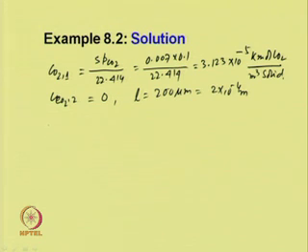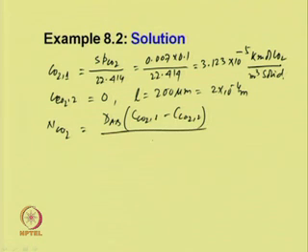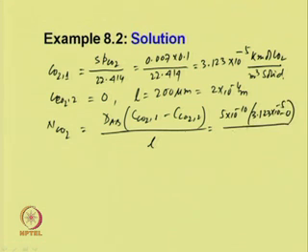So, we can calculate flux of CO2 will be DAB times C CO2 at 1 minus C CO2 at 2 divided by L, which is equal to 5 into 10 to the power minus 10 into 3.123 into 10 to the power minus 5 minus 0 divided by 2 into 10 to the power minus 4.